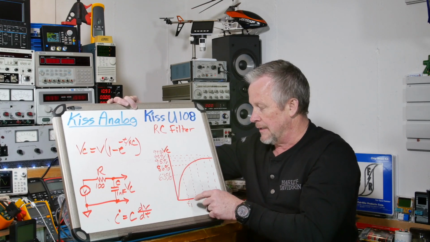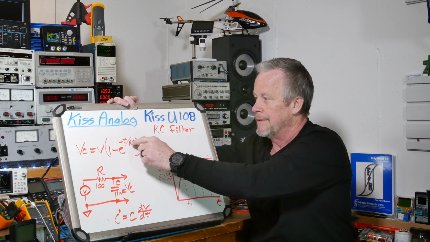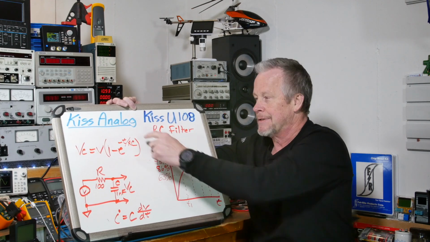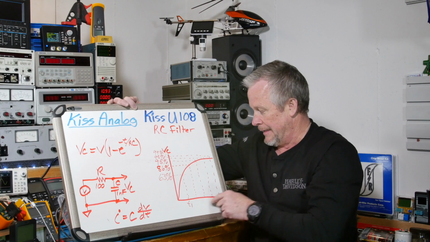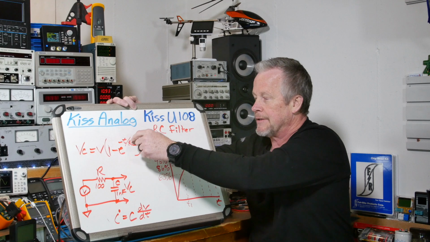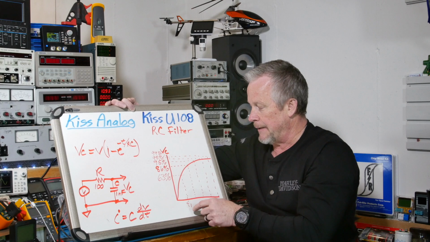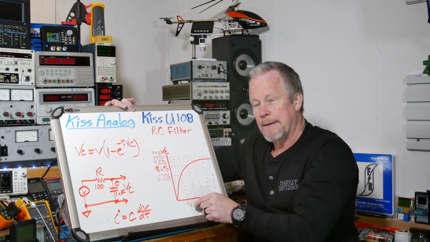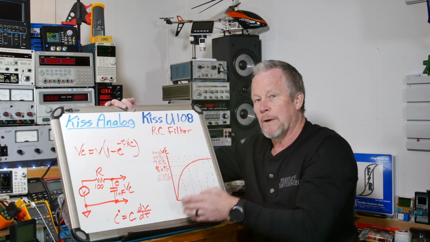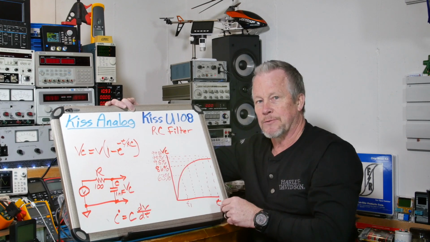And when the time is equal to RC, this part right here becomes -1. And when it's here, it's -2. This whole thing becomes -2 up to -5, right? So if you put that in your calculator, go e to -1, -2, you'll get these numbers. It'll be 63%. So the capacitor in the first time constant, if RC is equal to say 1 nanosecond, in 1 nanosecond it'll be 63% of say 10 volts, if that's what it was.